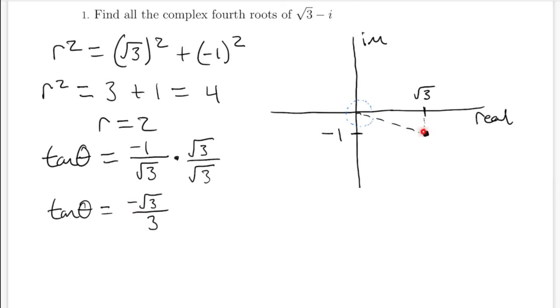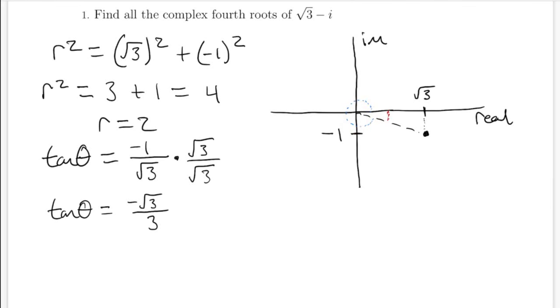So I'm looking for the angle in the fourth quadrant, and I know that for these kind of root 3 over 3 values, our reference angle is always 30 degrees when it comes to using tangent. So that means I know that this angle here, our reference angle, is 30 degrees. So that means that wrapping all the way around, I'm stopping 30 degrees short of a full rotation.